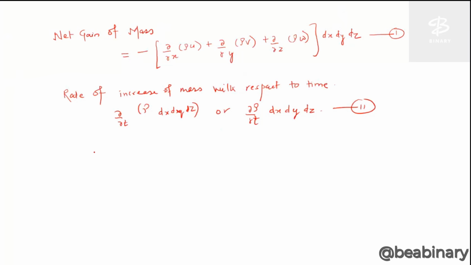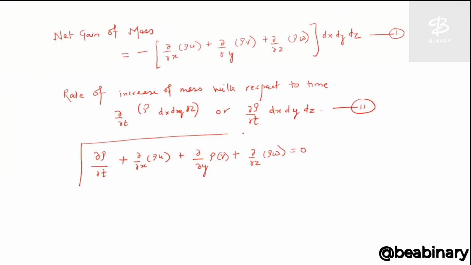By equating equations 1 and 2, we get the final equation: del rho by del t plus del by del x rho u plus del by del y rho v plus del by del z rho w is equal to 0. Now we apply the assumptions.